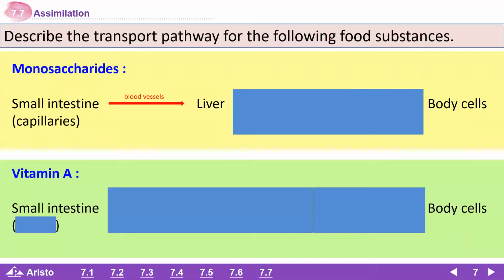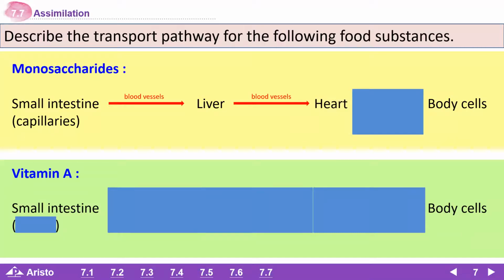And after processing, the monosaccharides would be transported by another blood vessel and eventually arrive at the heart. The heart is responsible for pumping out the blood and distributing all the food substances to different body parts. So the monosaccharides will be transported by another blood vessel called the aorta and eventually arrive at body cells, where they can be used by these body cells.